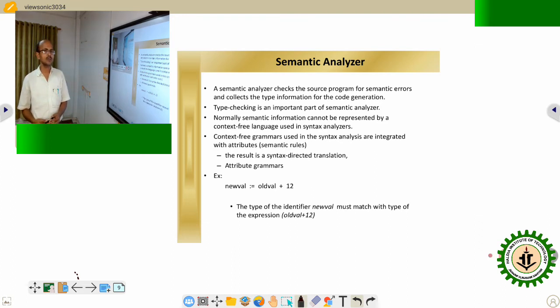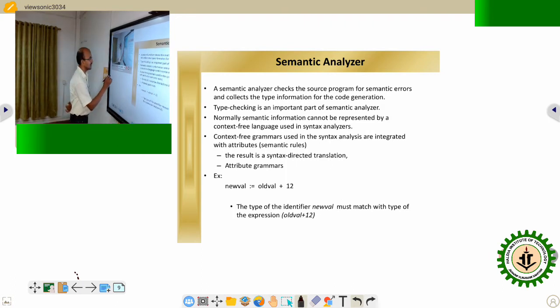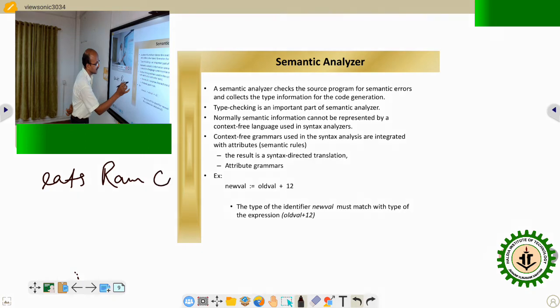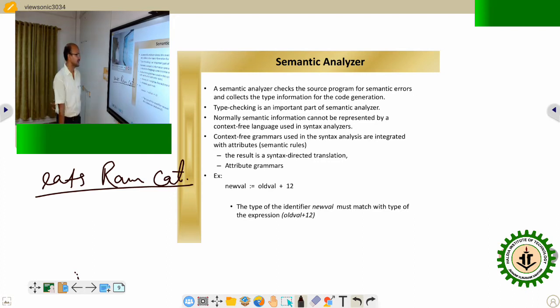It has an analogy in the English language: even if I write a grammatically correct sentence, that is, "Ram cat", though the sentence is written as per the rules of the grammar, it does not bear any sense.